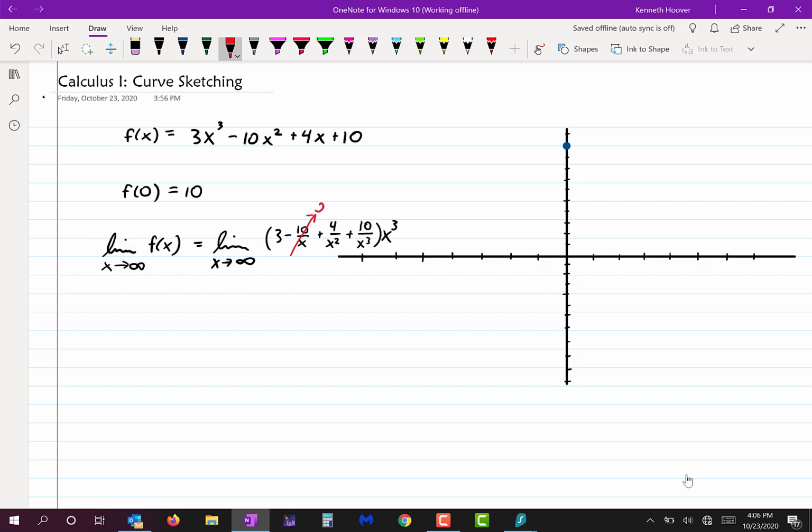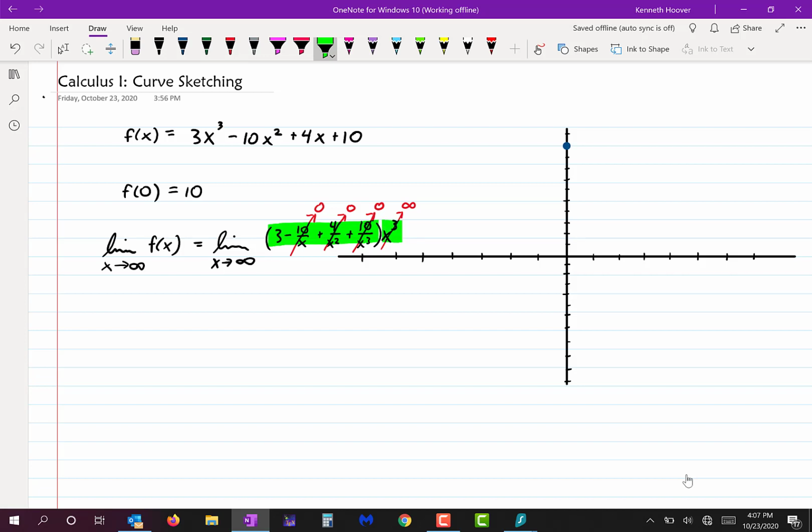Now let x go to infinity, and what's going to happen? This part's going to disappear. This part's going to disappear. This part's going to disappear. This part's going to go to infinity. So what do we end up with? The limit for this part will just be 3.